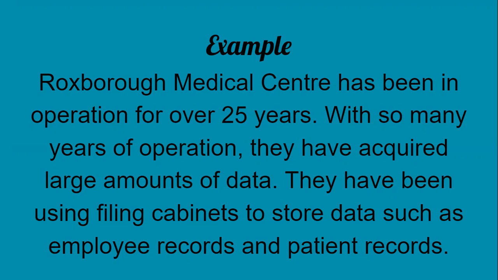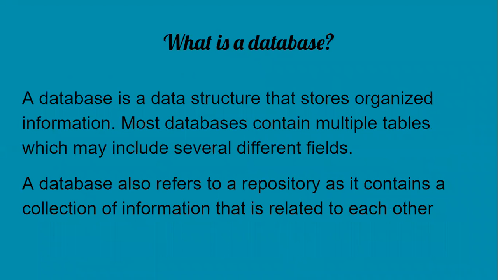We have what we call a computerized database also. But what exactly is that? Well, a database is a data structure that stores organized information. Most databases contain multiple tables, which may include several different fields.